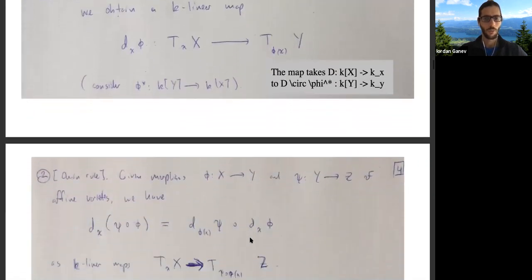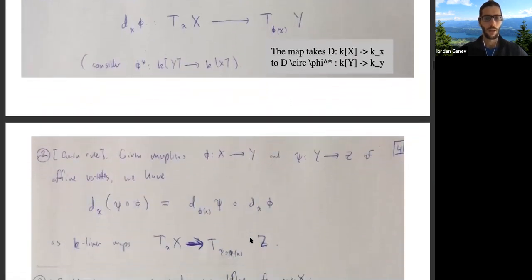And we also have the chain rule. So if we have morphisms phi from x to y, and psi is a morphism from y to z, and they're all affine, then if we think about the differential of the composition at a point little x, that's the same as the composition of the differentials.